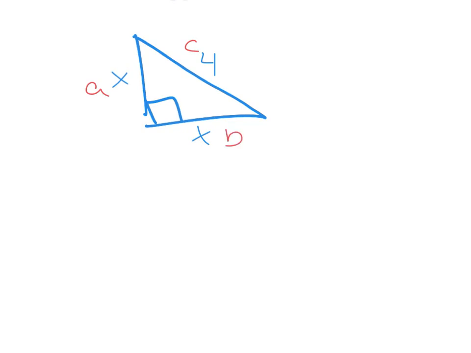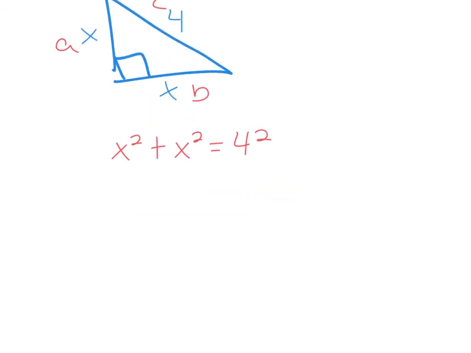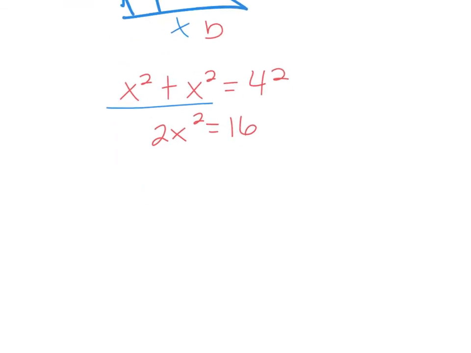My a is x, so I would do x squared, plus my b is x, so x squared equals 4 squared, same thing. Now this is where it's a smidge different. x squared plus x squared is 2x squared equals 16. Now what would be the next step?